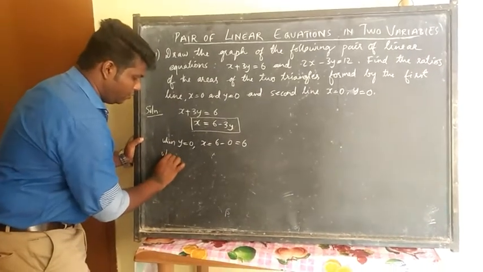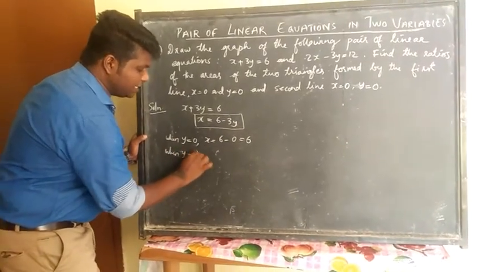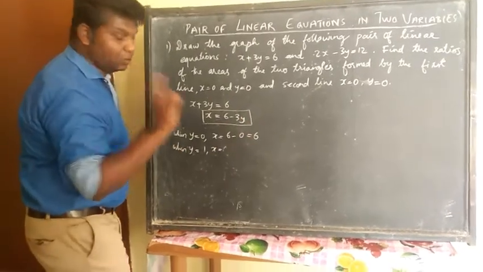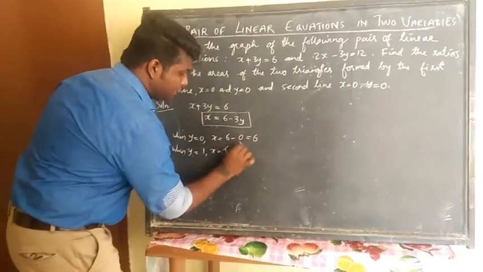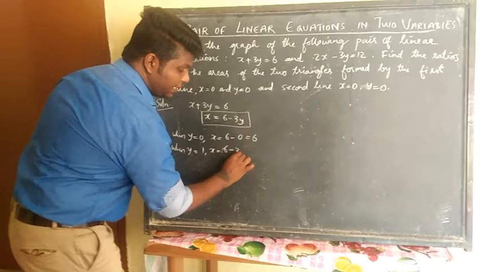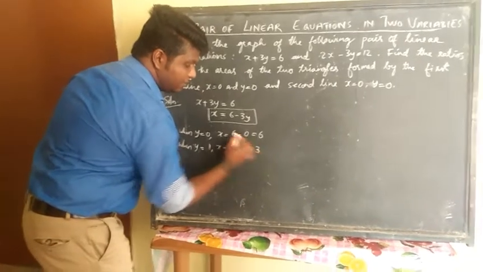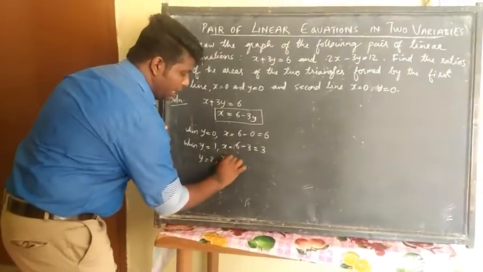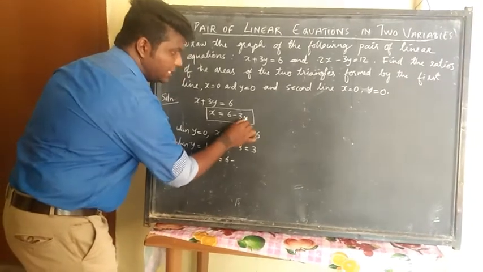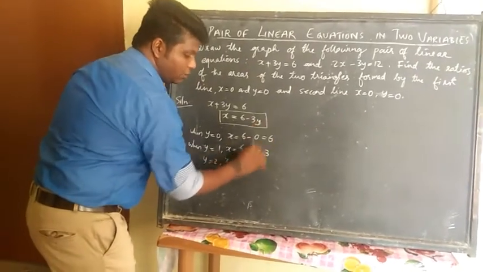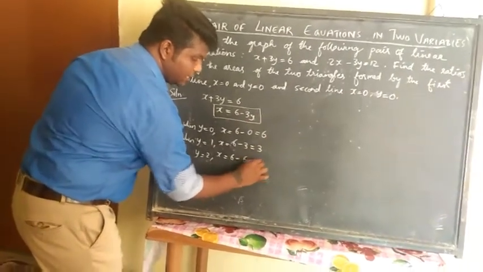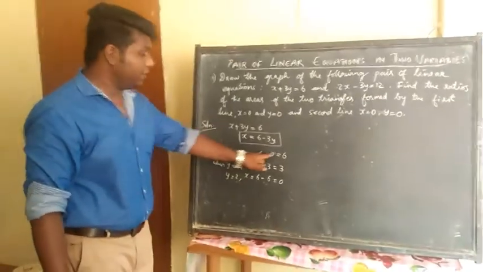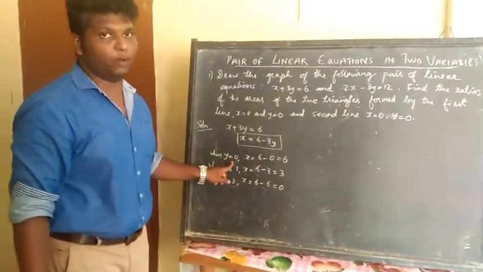Then when y is equal to 1, in place of y if I give 1, it will be 6 minus 3 into 1, that is 3. 6 minus 3 is 3. Again, when y is equal to 2, x is equal to 6 minus 3 into 2, which is 6. 6 minus 6 is 0. So you got three different values for the corresponding y values.